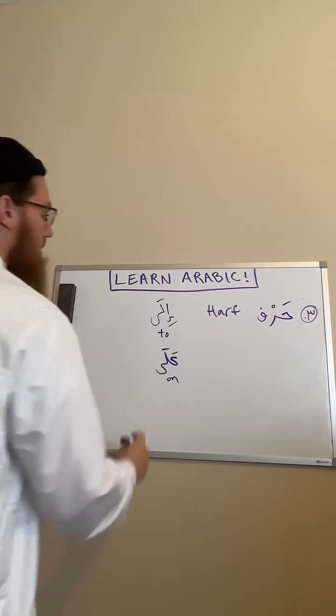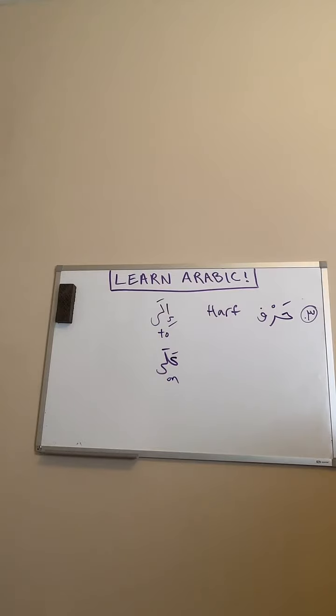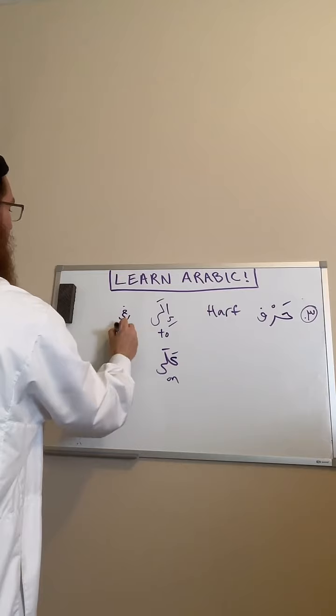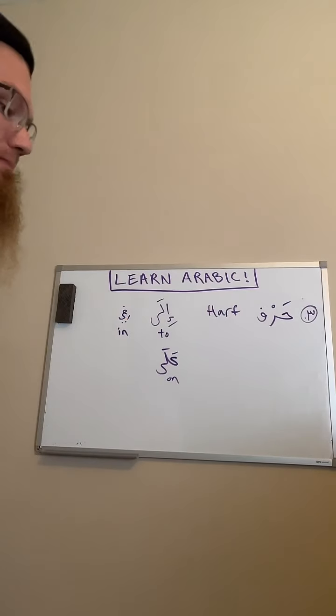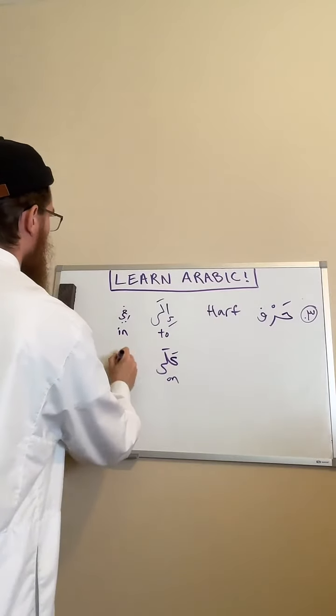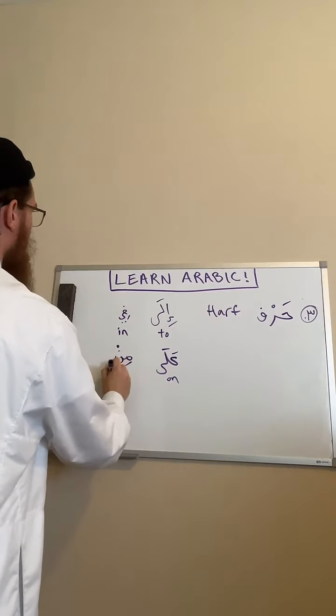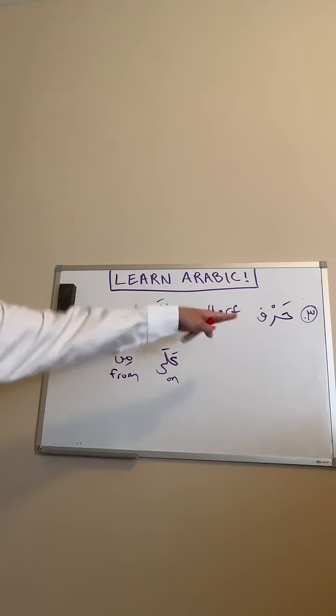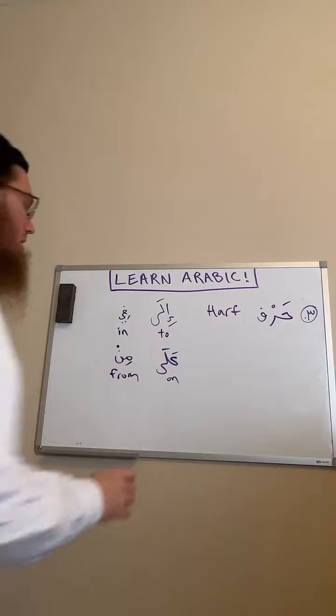Ala, on. On what? On the desk. Fi, in. Min, from. Okay, all of these are examples of the harf. It does not have a complete meaning on its own.